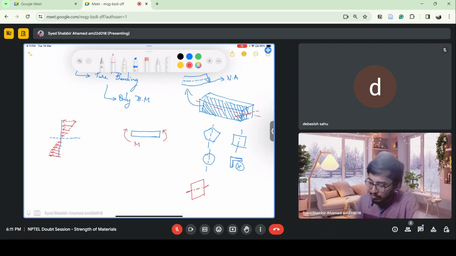So you can see that the central part of the beam is not taking much. If you have a section like this, let's say this is a rectangular section, this section is not taking most of the bending stresses.